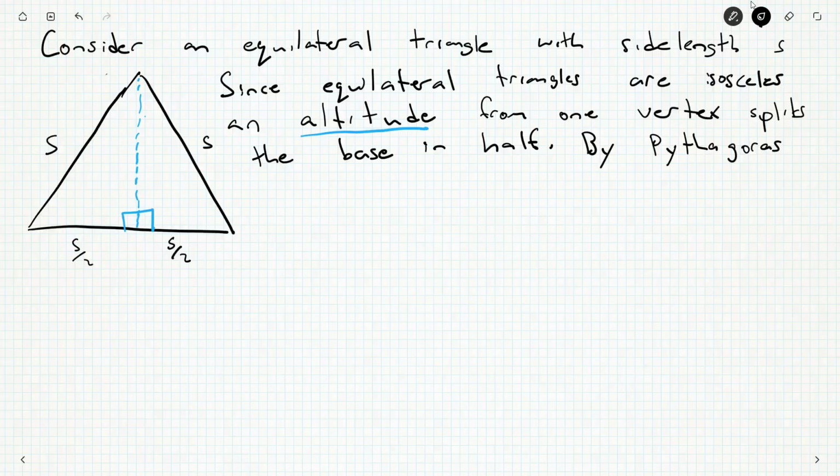By Pythagoras, well, we've got a right angle triangle here, because it's an altitude, and since it splits the base in half, one of the legs of the right angle triangle is S over 2.